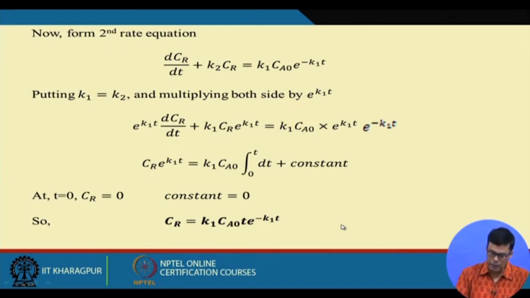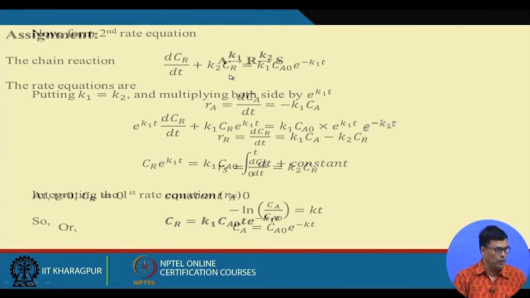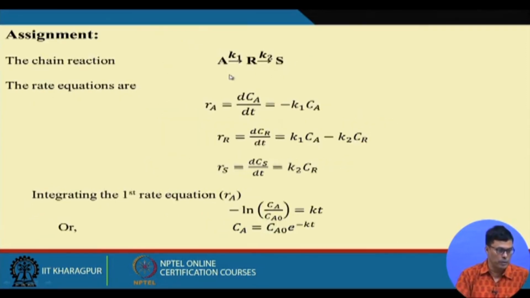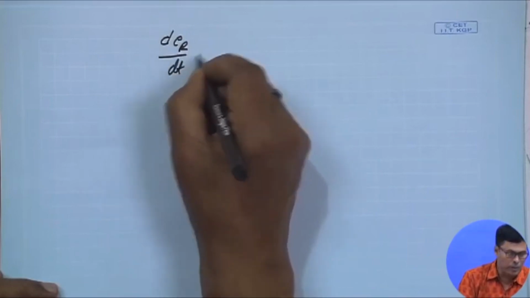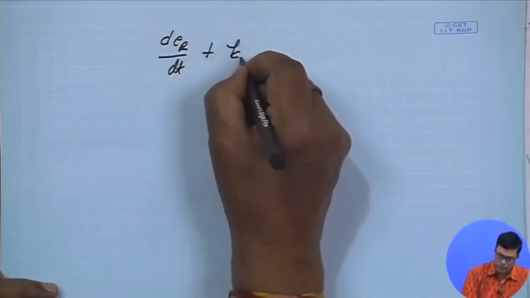Now if you come to the next step, the rate of formation of R. We have this equation already. How can we write that? dCr by dt plus K2 into Cr.